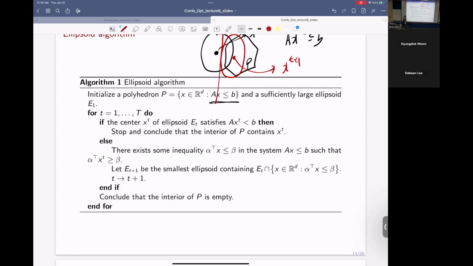The way I explain the algorithm is not specific to ellipsoids, but implementing this, you need this idea of ellipsoids.